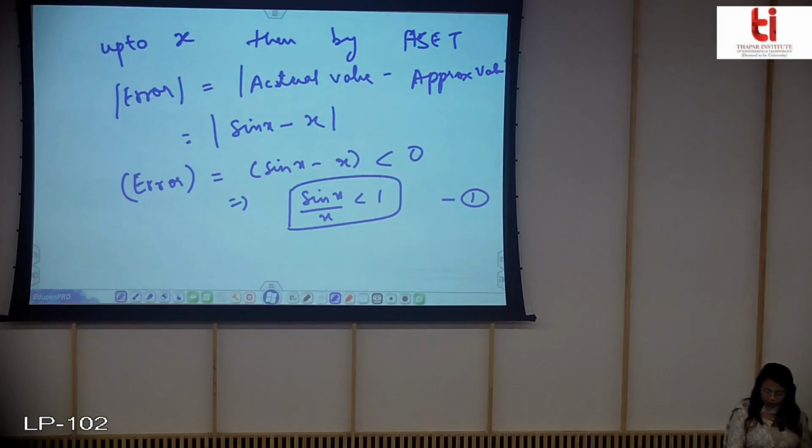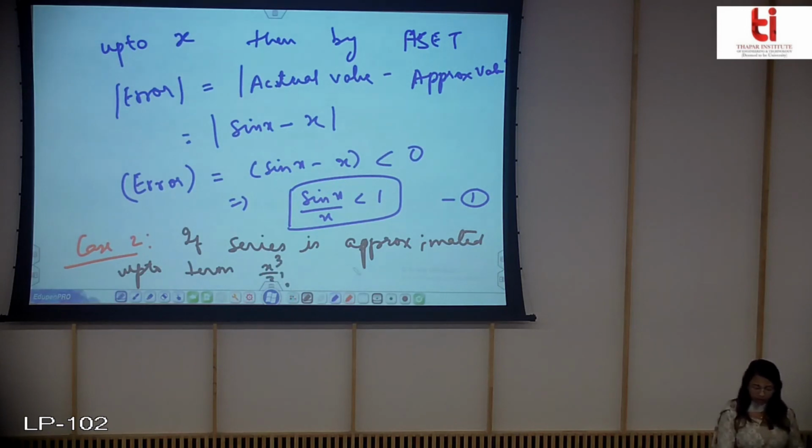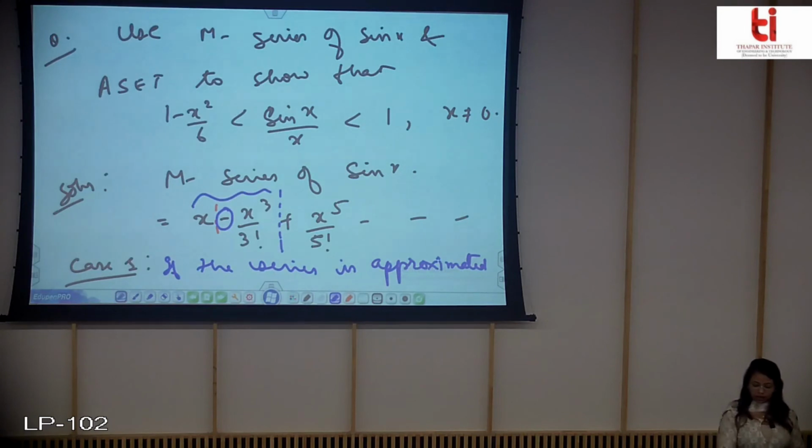Now case 2: if the series is approximated up to the term x cube by 3 factorial, then the Taylor polynomial will be up to this. In the second case, I will consider it till this.